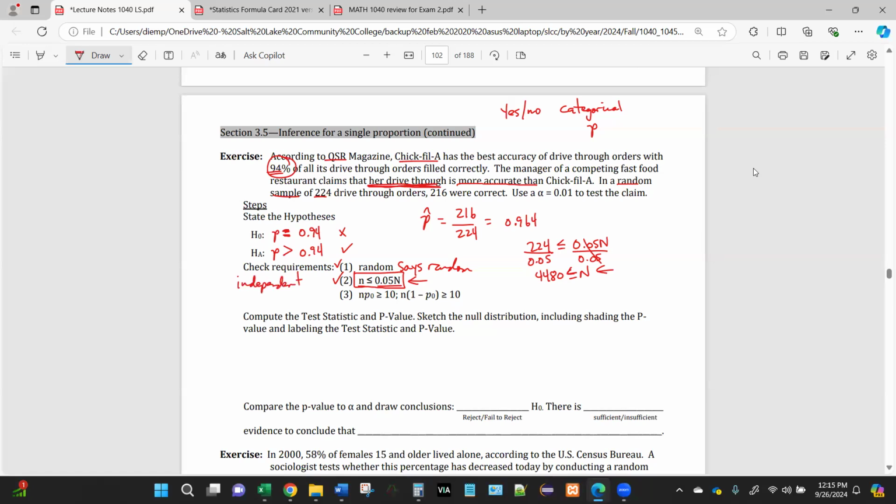You want the people in the sample to not be influencing each other or knowing each other. You don't want all of your sample coming from one day, or one family, or one town. You want it spread out across the whole population. So the rule of thumb is as long as it's less than 5% of the population, you're good. I hope that answers your question.